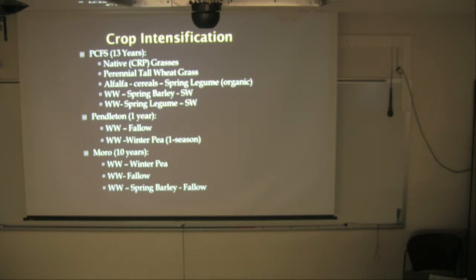And then Pendleton has intensification represented by winter pea inserted in rotation, and this was only recently done, so it only has 1 season of history. And then Morrow, with 10 years of history, has annual cropping with winter pea, cropping 2 out of 3 years with winter wheat and spring barley, and then winter wheat fallow cropping.